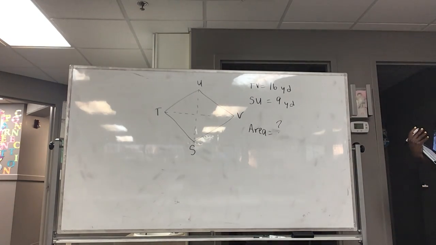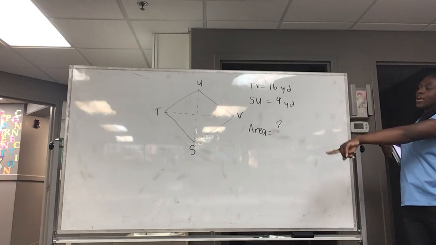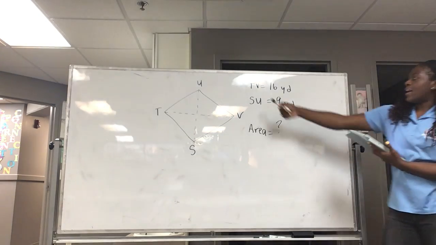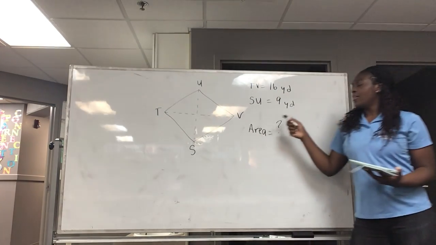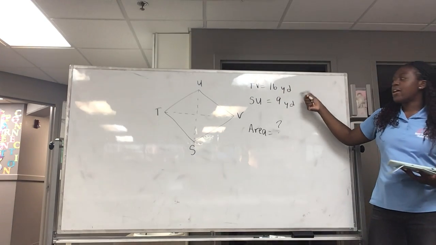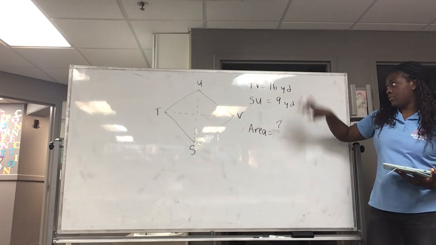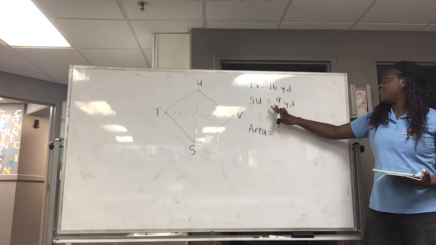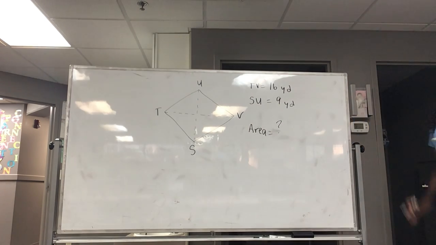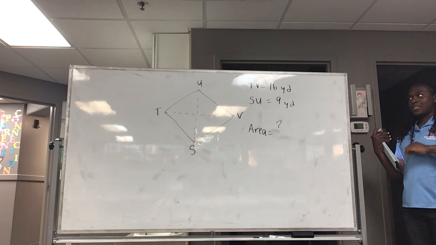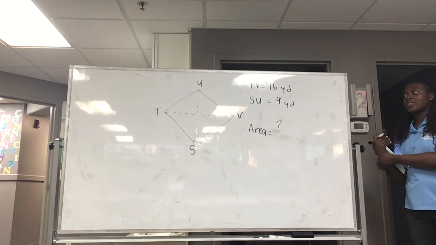So I labeled the different points of this rhombus U, V, S, and T, and then I told you that TV, which stretches horizontally, is 16 yards, and then SU, which is vertical, that vertical dashed line, is 9 yards. So what I gave you were the diagonals, and then hopefully you guys remember that equation. We've talked about it a couple of times, but to find the area using diagonals.